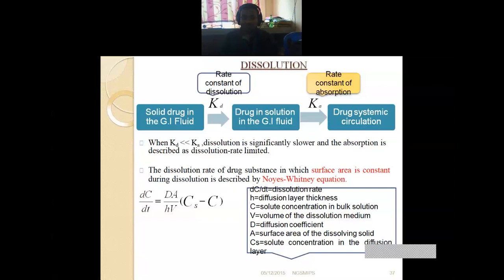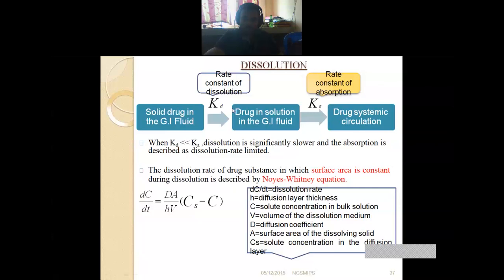Okay. So you can see solid drug in the GI fluid. GI fluid means gastrointestinal fluid. The rate constant of dissolution is called KD. Then the drug in solution in the GI fluid, the rate constant of absorption, then the drug in systemic circulation.